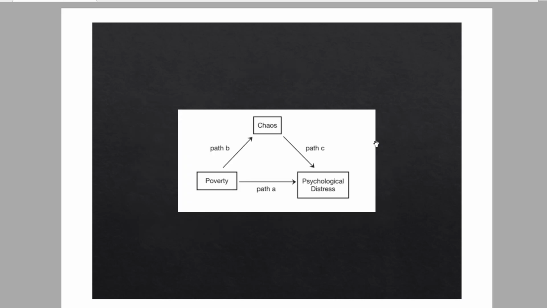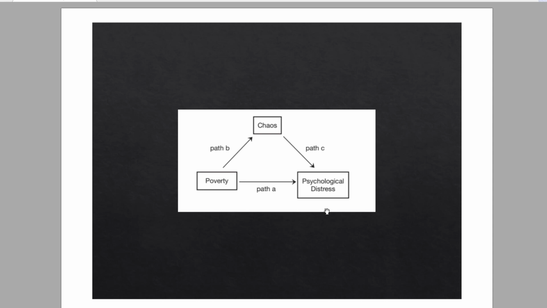And this, again, is just to show you some kinds of correlations that could happen. So in a study, Evans and colleagues found a correlation between poverty and psychological distress, but other people said, well, maybe that's not poverty causing psychological distress in a direct way.